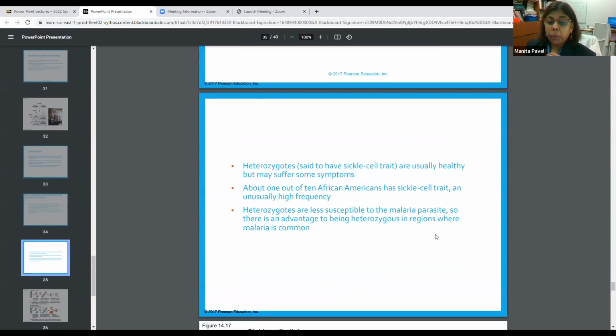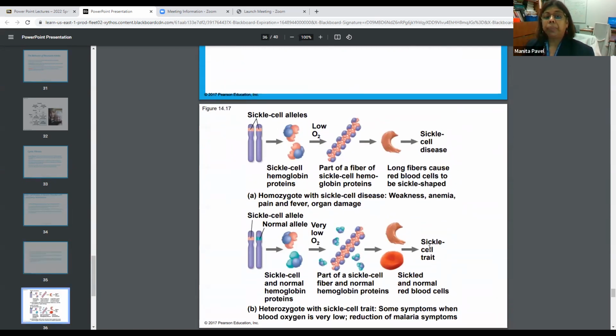And I'm going to explain it out here. So it has to do with the blood cells, hemoglobin, the protein, the transport protein, the globular protein. Our normal red blood cells are round and they are flexible.